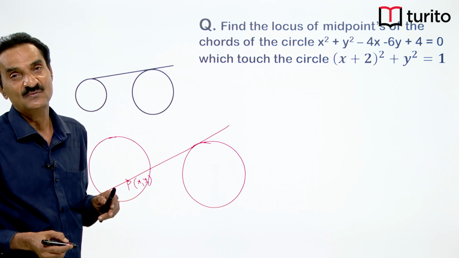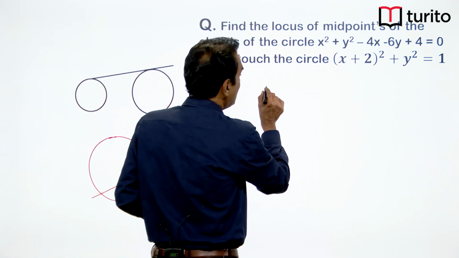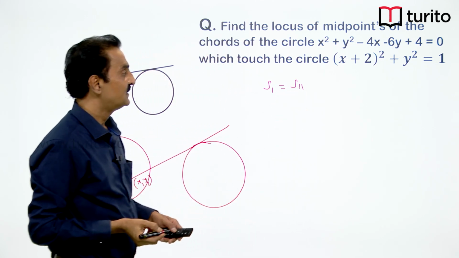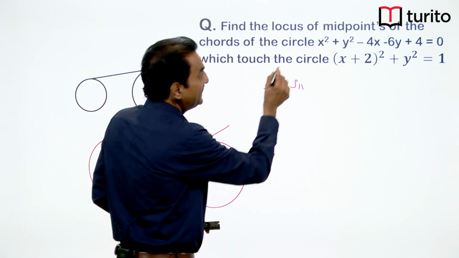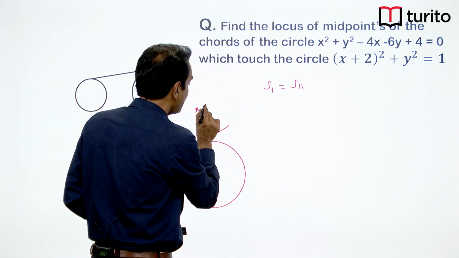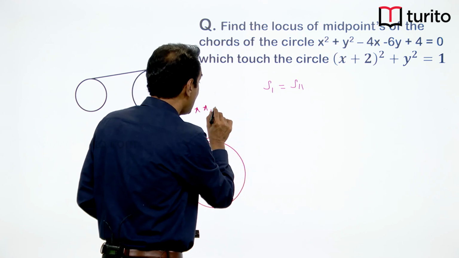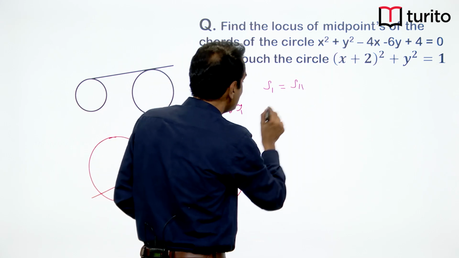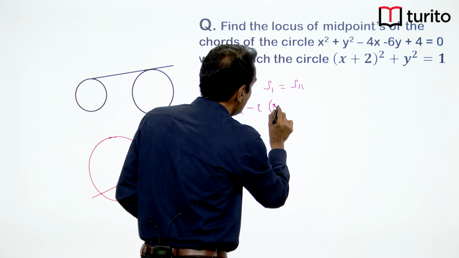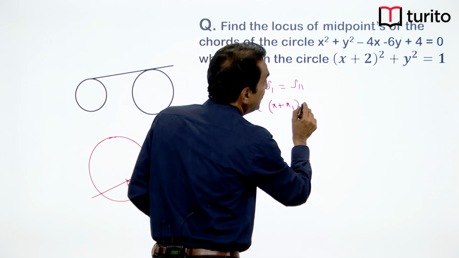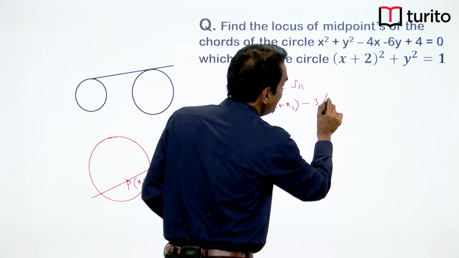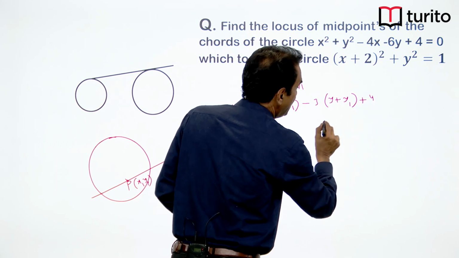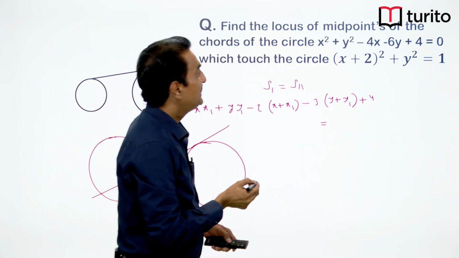Just now we discussed the formula just before the class. It is S1 is equal to S11. So equation of the chord is S1 is equal to S11. What is S1? xx1 plus g into (x plus x1), that is minus 2 into (x plus x1), plus yy1, similarly f into, minus 3 into (y plus y1), plus 4 is equal to S11.